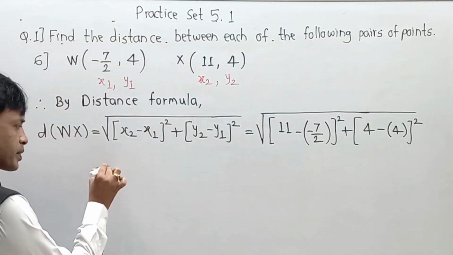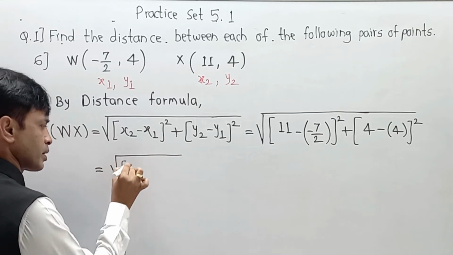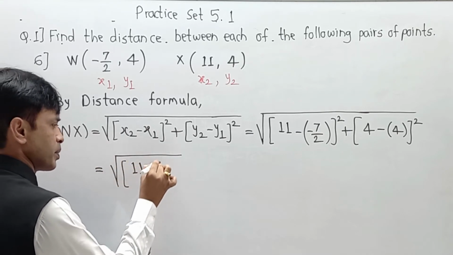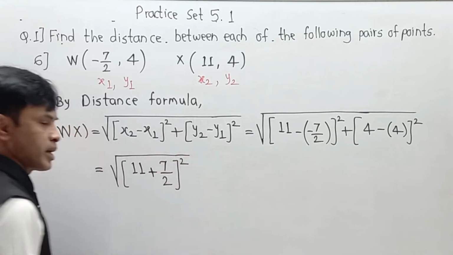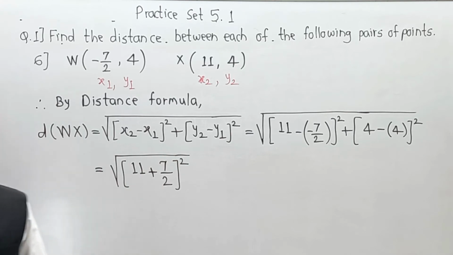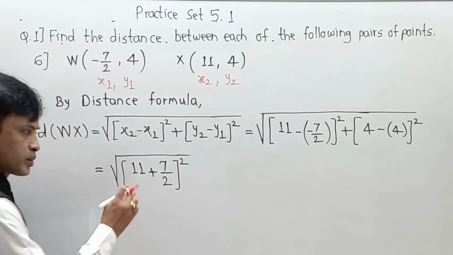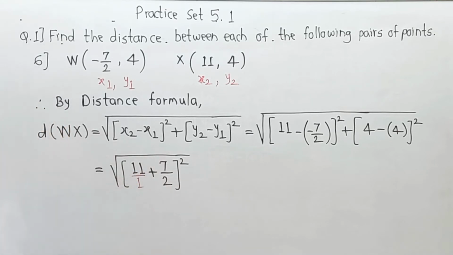So it becomes under root of 11 plus 7 upon 2 bracket square, because 4 minus 4, that is 0 bracket square, simplifies as usual over there. Now this 11 plus 7 upon 2, there is no base value, so I am writing 1 over here.